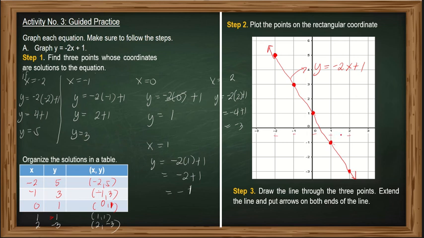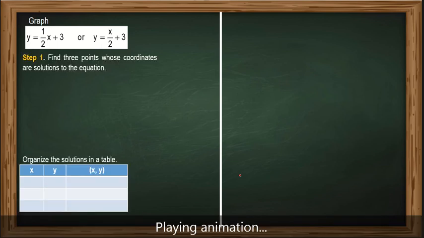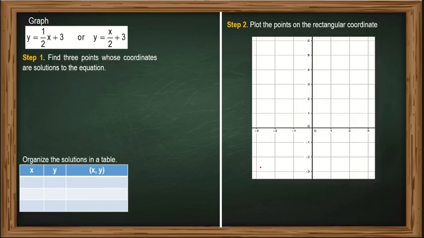Next is item number 2 with equation y is equal to x over 2 plus 3. Again, the hint is you're going to choose the values of x that are multiples of 2. So let's consider the prepared coordinate plane. We only have negative 2 and positive 2, which are multiples of 2. Then we can include 0.